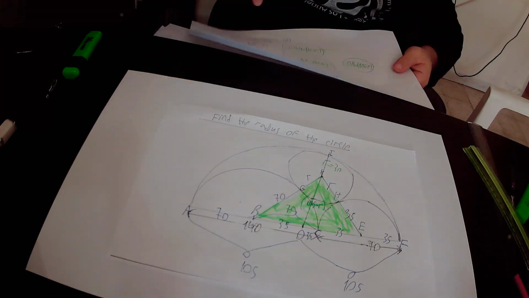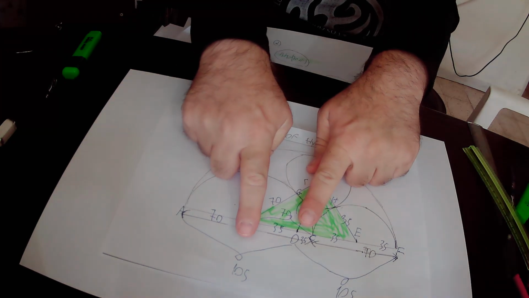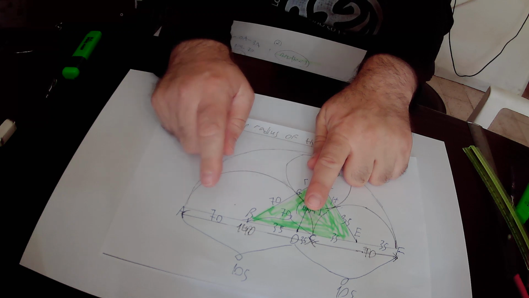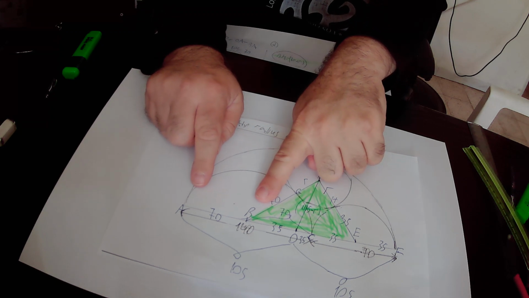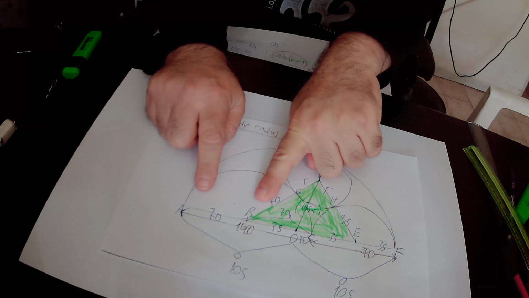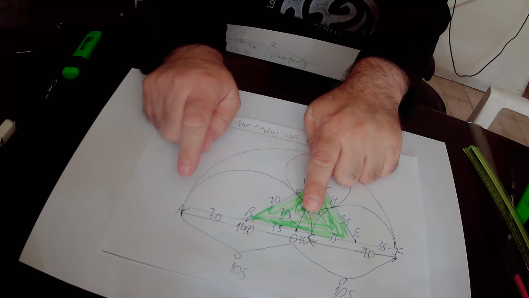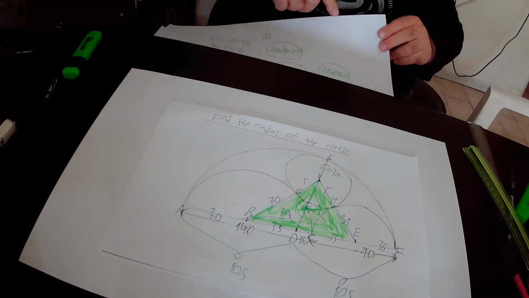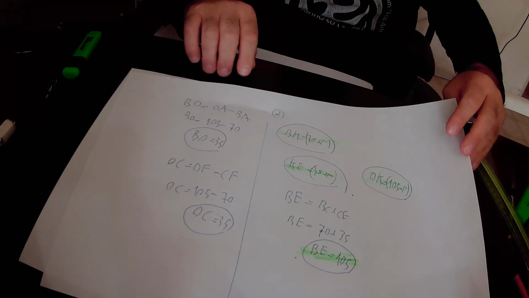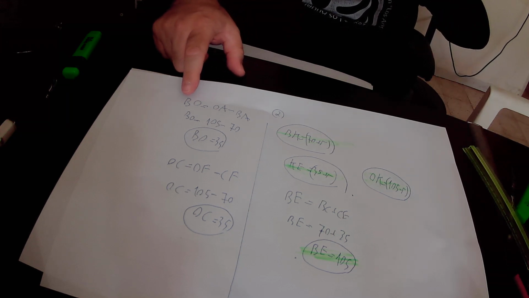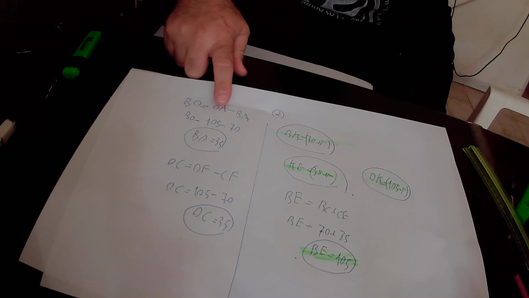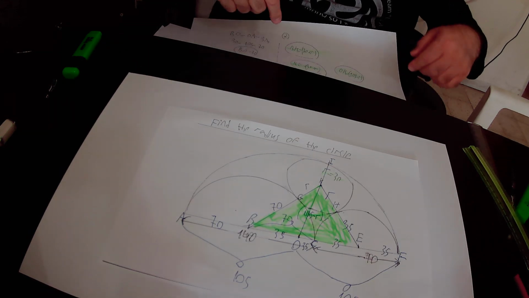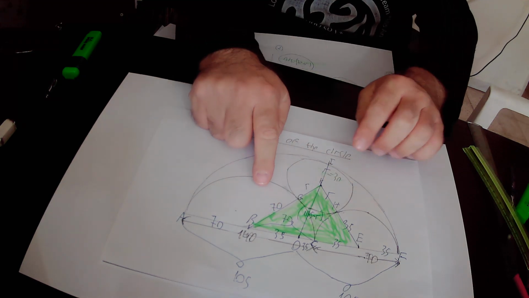OA is the radius of the biggest semicircle, that is 105 units. BA is the radius of this semicircle, that is equal to 70 units. And therefore OA minus BA is 105 minus 70 units. So BO equals 105 minus 70, that is 35 units. So we found out that BO equals 35 units.